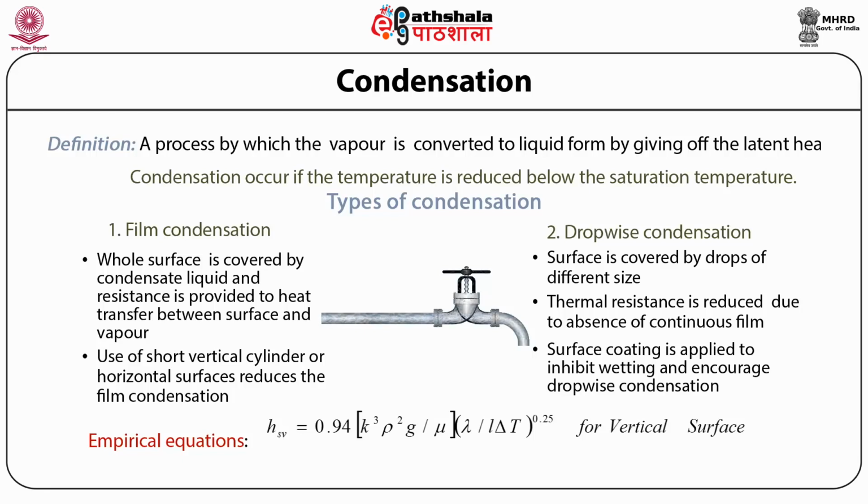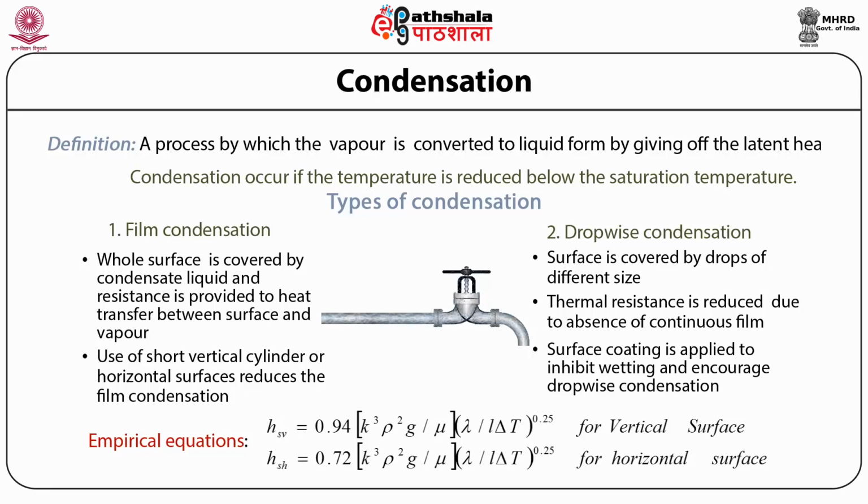Now see the case of horizontal surface. In case of horizontal surface, the heat transfer coefficient for condensation will be equal to 0.72 into [k cubed into rho squared into g divided by mu] whole into [lambda divided by L into del T] to the power 0.25.